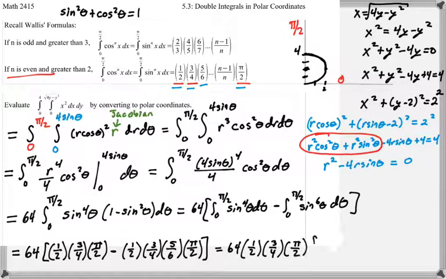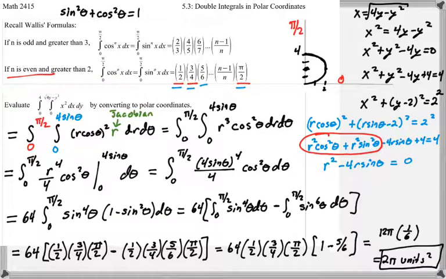What remains is a 1 minus a 5/6. Then after we simplify, we have 12 pi times 1/6. Okay, so our area here is going to be 2 pi square units, and it's not squared because we're doing this as a volume underneath x squared, so this should be cubed here.